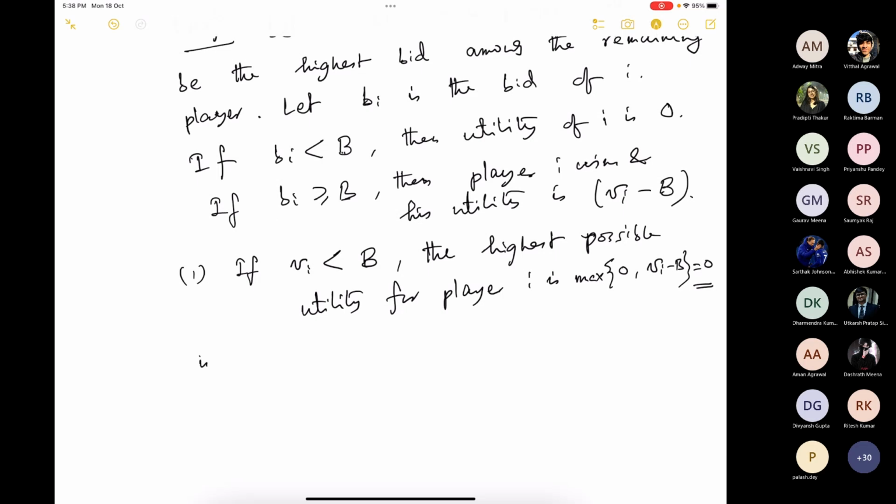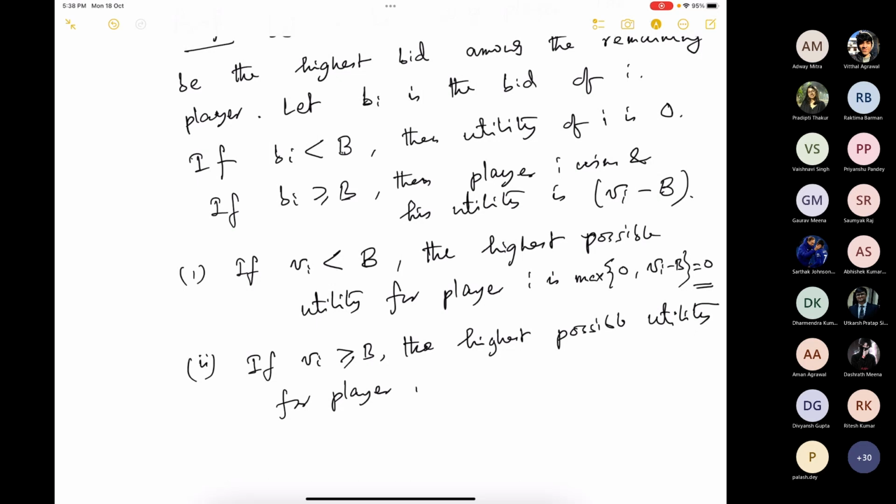Let's see the other case. If Vi is greater than or equal to B, the highest possible utility for player i is the max of, again, if it loses, its utility is 0.